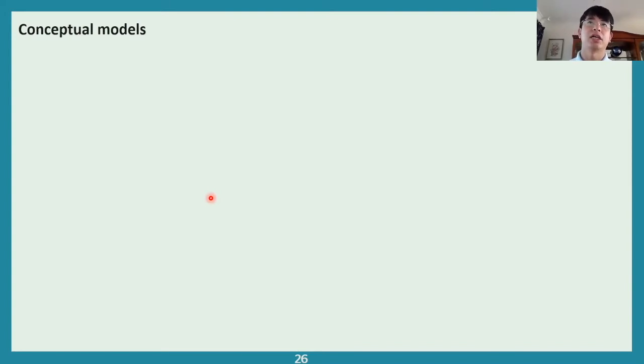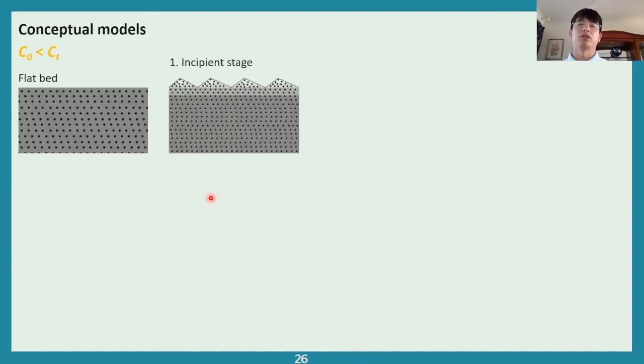Regardless of the exact threshold clay content, we developed two conceptual models for combined flow ripple development. If the initial clay content is lower than the threshold, small ripples form in the incipient stage, which are characterized by very clean sand crests. However, the ripple base keeps some clay content, and the layer below the ripples at this stage is thin and starts to lose some clay.